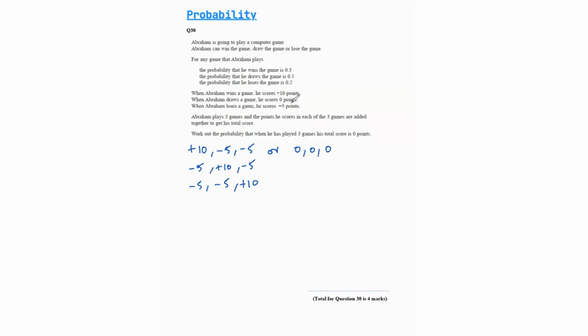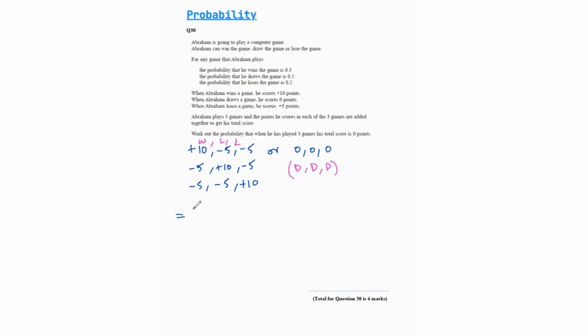Apart from that, there's no other way of getting a 0 as the total points. So we know for the draw, the probability is 0.5. So for all draw, let me just color code that. Draw, draw, draw. This is a win, lose, lose. So 3 ways for that.